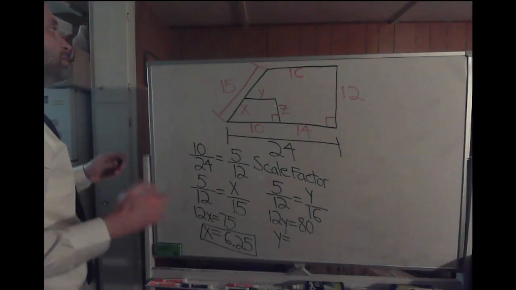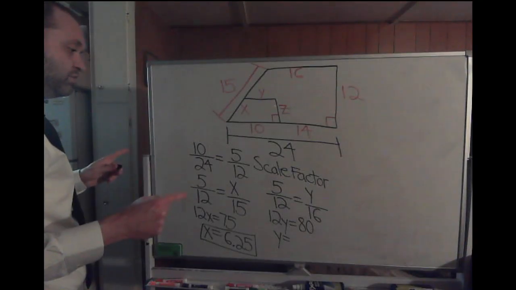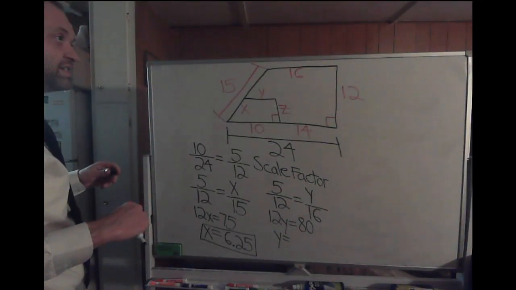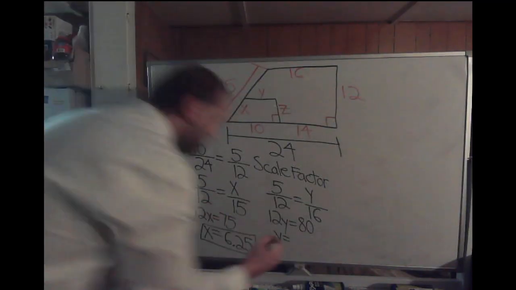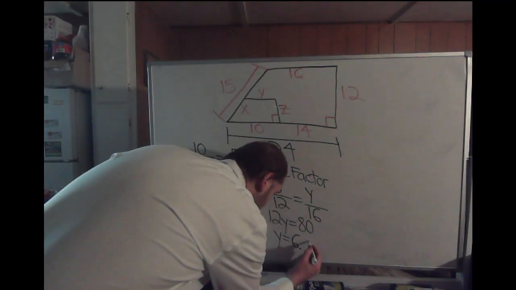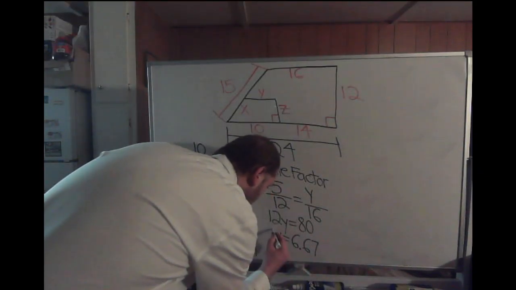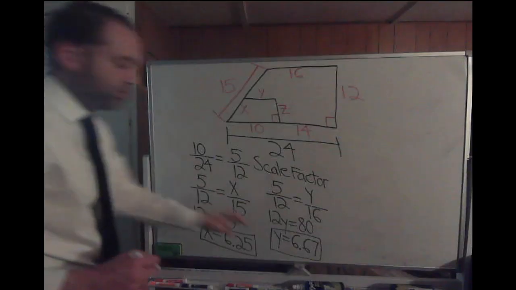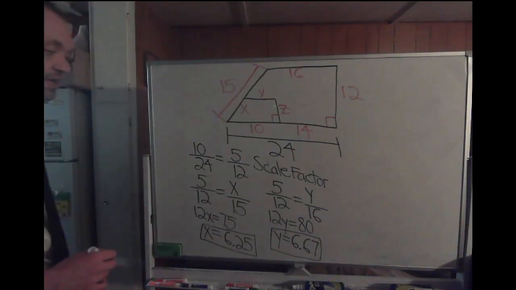So 12 times 6 is 72. 12 times 7 is 84. So that's going to be 6 and 8 twelfths, 6 and 2/3. So you would get approximately 6.67. So y, if we round to 2 decimal places, is approximately 6.67.